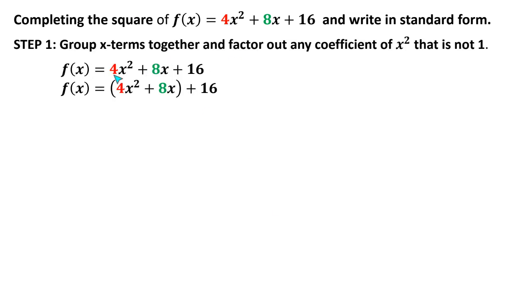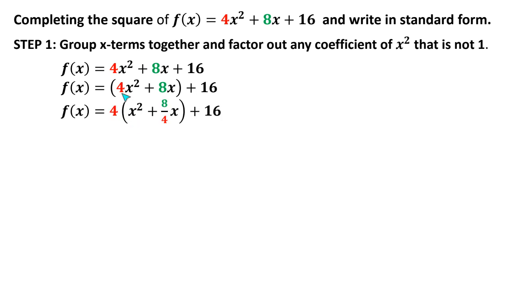So here I have my 4x squared and 8x. I'm going to group these together. So by grouping, I'm going to put parentheses here just to separate them from the 16. And I need to factor out that 4. So to factor out the 4, I'm going to bring it out to the front. And if I take this 4 out, then I'm left with x squared.